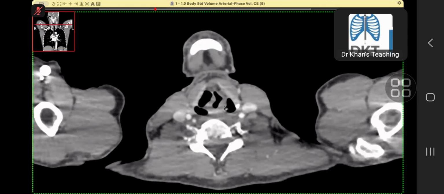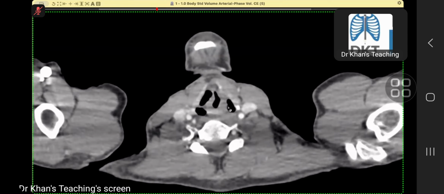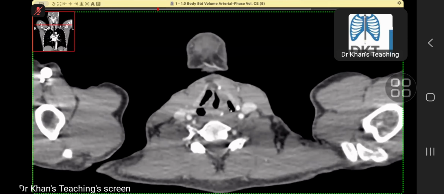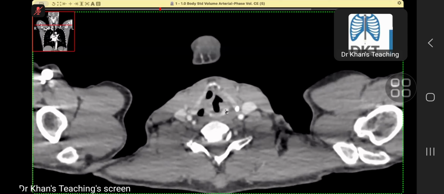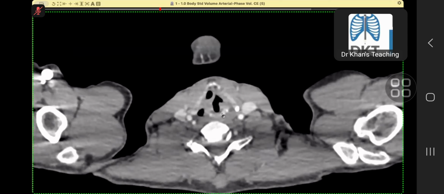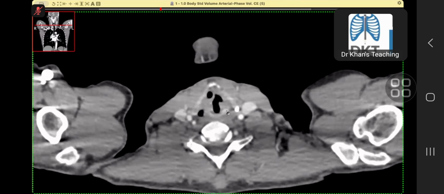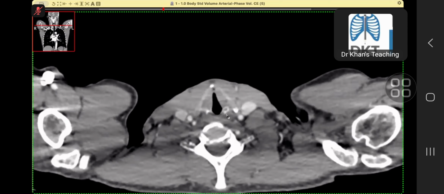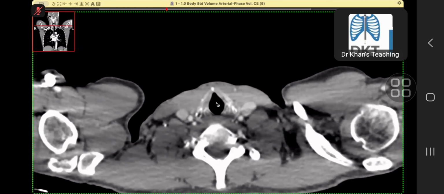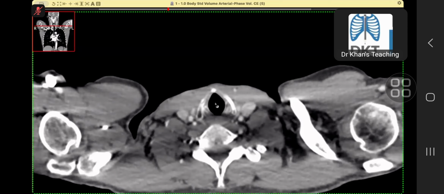As we come inferiorly, so now we are at the level of the true cord. Here there are two cartilages. Unfortunately, because of artifacts in this patient, the cartilage are not very well seen, but then this is the boat, and then we come to the cricoid cartilage level.